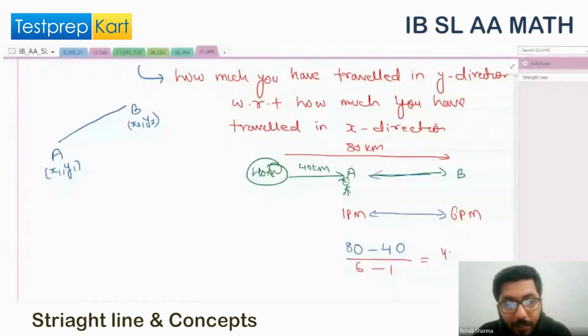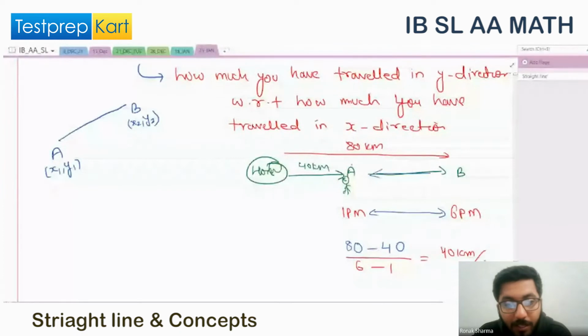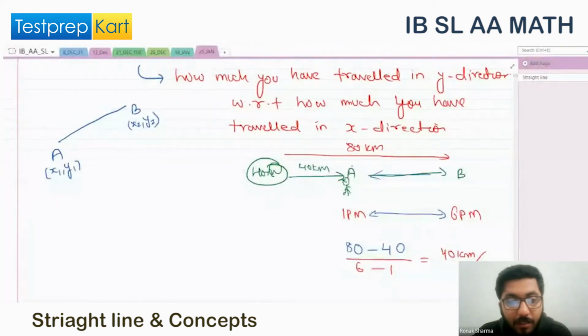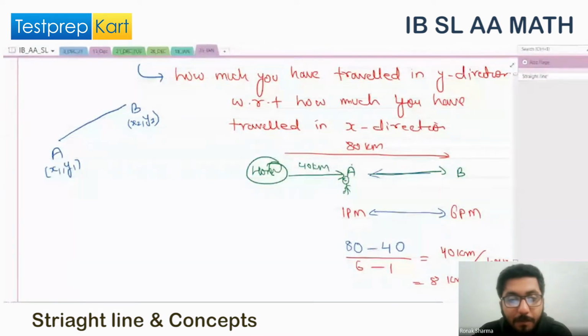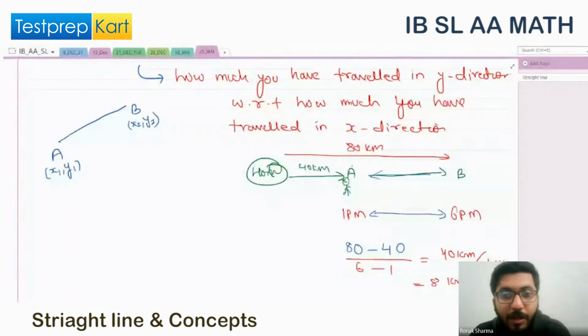So that will be 40 kilometers in 5 hours. That is going to give you 8 kilometers per hour. That must have been your speed, that is, in each hour you have traveled 8 kilometers.